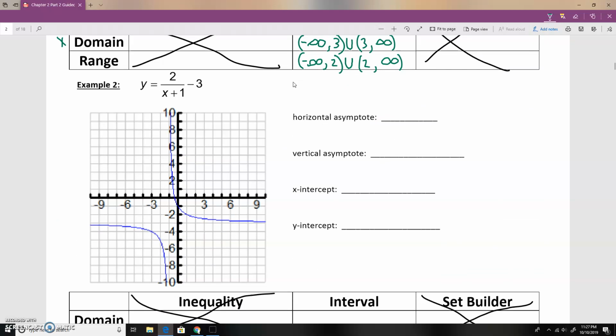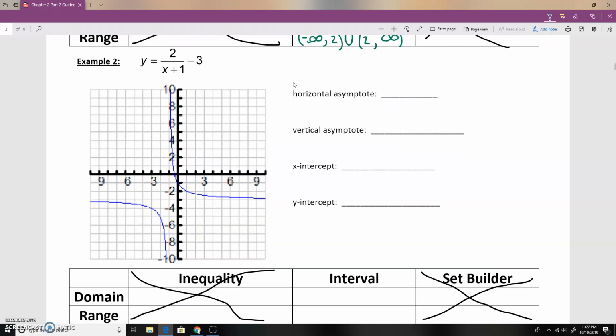Alright, let's look at our second example. In our second example, we can look at our graph, or we can look at our c and d values to get our asymptotes. You'll see the horizontal asymptote sits right here at a value of y equals negative 3.